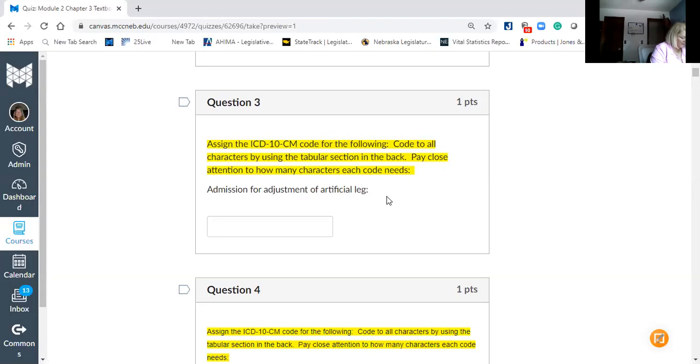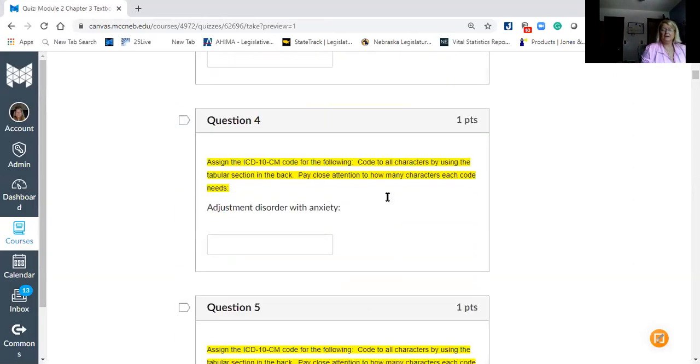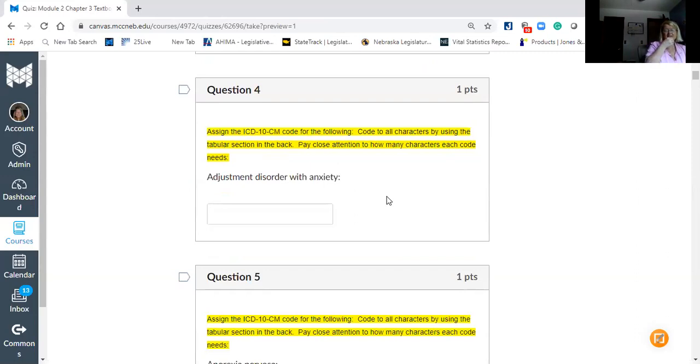If you look down on Z44.10, it says it actually needs 6, and that's because we need to say which leg it is. Bad news. This does not tell us about left or right. So we're going to have to use unspecified leg. So look down, 6 characters, find the one that says unspecified leg. Make sure you have 6 characters, unspecified leg, and you've got that one done.